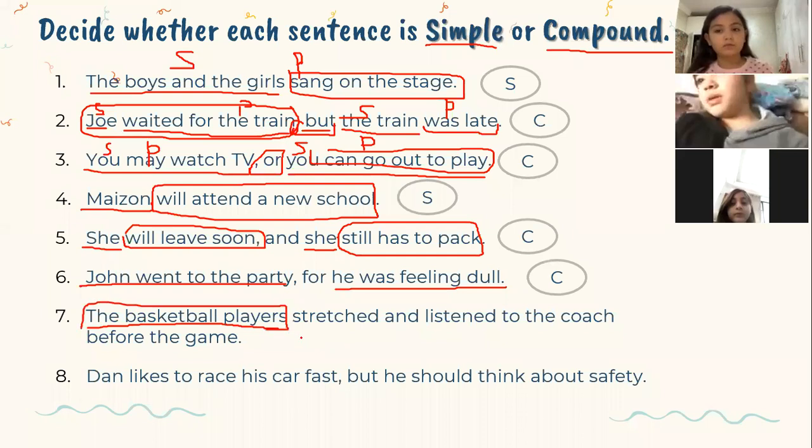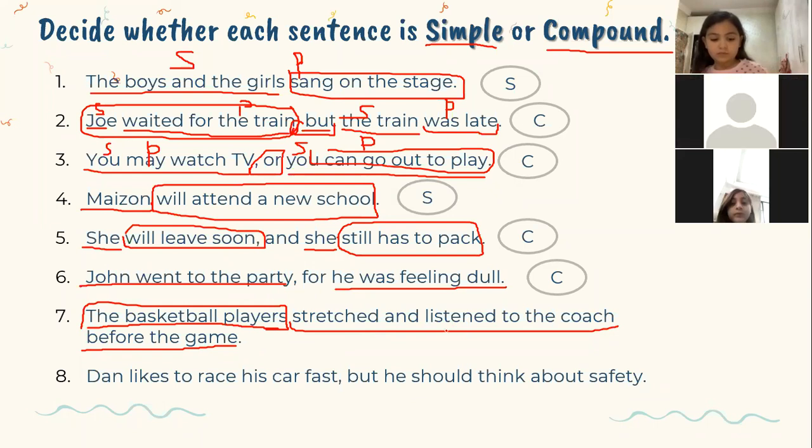The rest of the sentence is a predicate: stretched and listened to the coach before the game. If you remember, we covered compound predicates before. This makes it a compound predicate, not a compound sentence, because I do not have a different subject. So the whole sentence is simple. It has one idea.